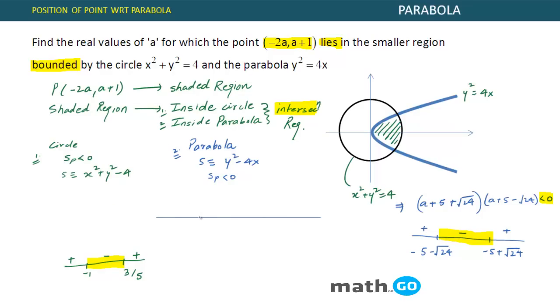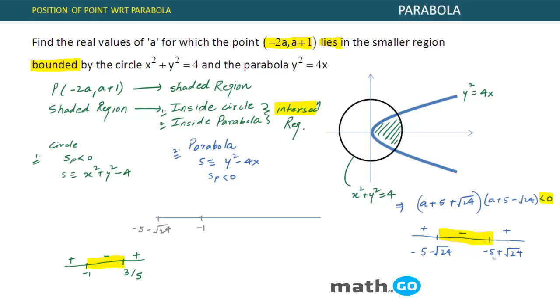So let's say this is the -1 point, right? Minus 5 minus root 24 is almost the most negative number. Why? Because it is almost equal to minus 10, because root 24 is 4.9 something, right? So this is the most negative number.